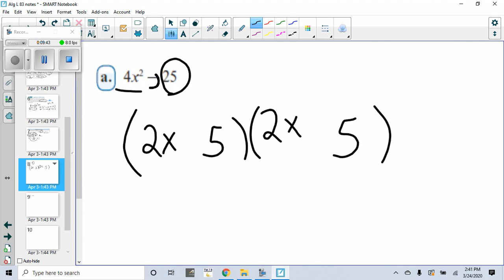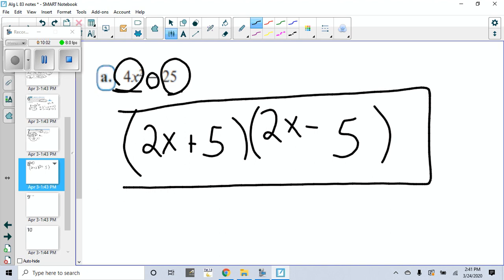Now, if this is a difference in the center, one would be plus and one would be minus. So yes, this is a difference of two squares, because you can take the square root of 4x squared, you can also take the square root of 25, and there's a subtraction sign in between. So when you factor it, this is what you get. And yes, this is a difference of two squares.